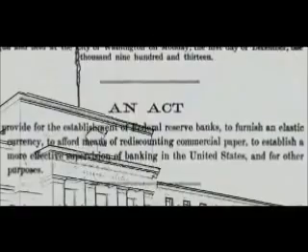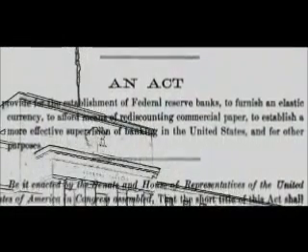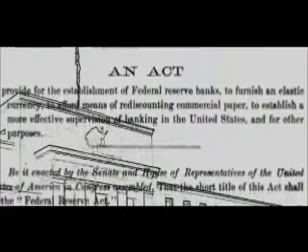Unfortunately, his message was short-lived, and the international bankers succeeded to install another central bank in 1913, the Federal Reserve. And as long as this institution exists, perpetual debt is guaranteed.